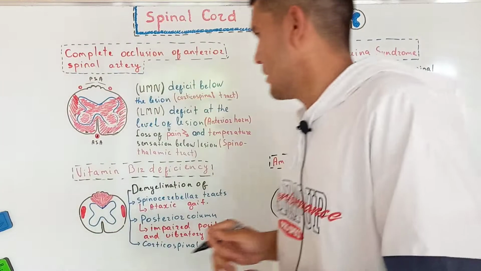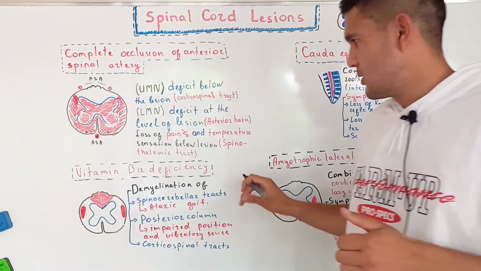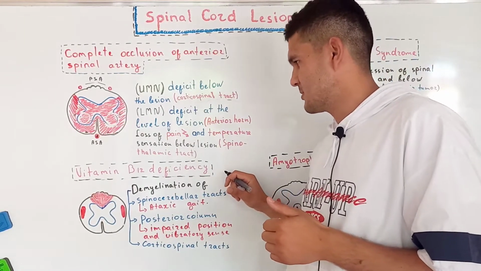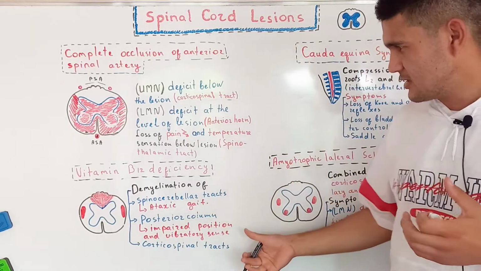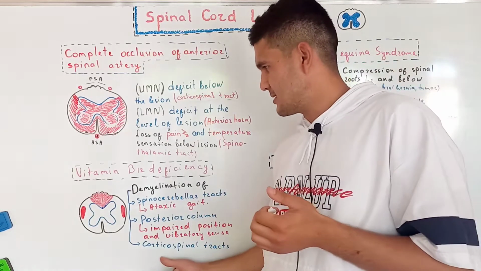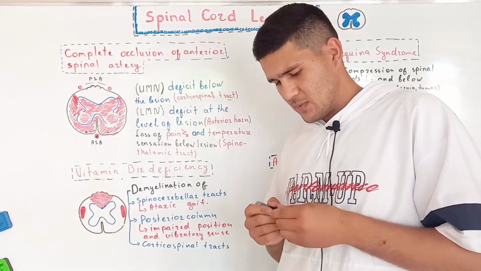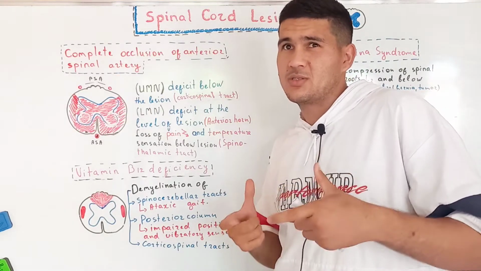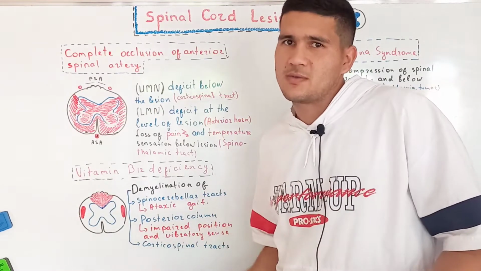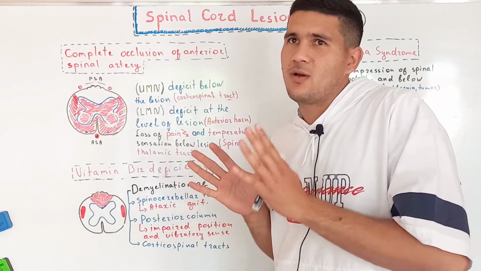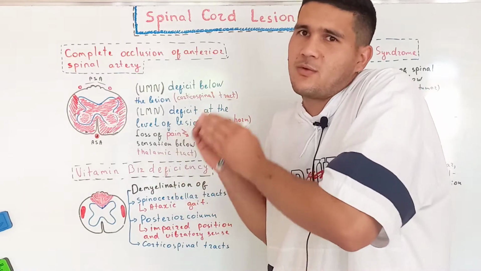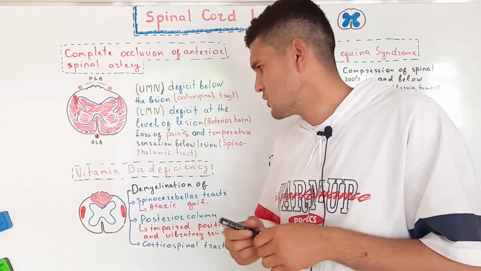And second, our deficiency and symptoms are those of vitamin B12 deficiency. Vitamin B12, you know, is necessary for the multiplication of cells and for the normal function of the nervous system.